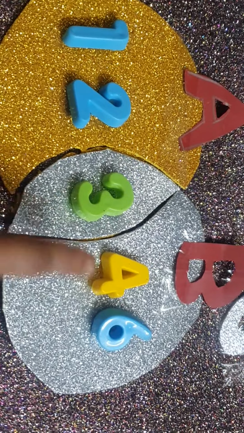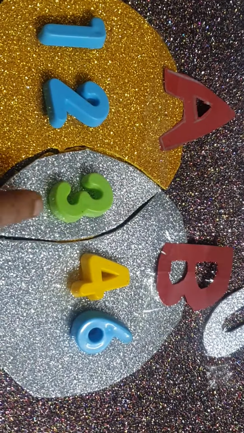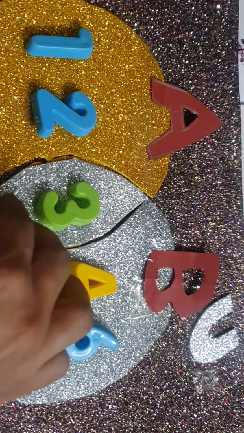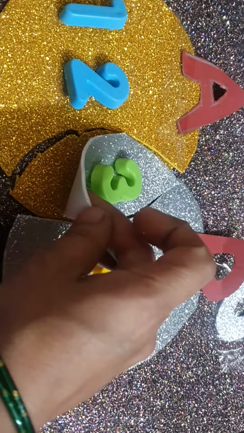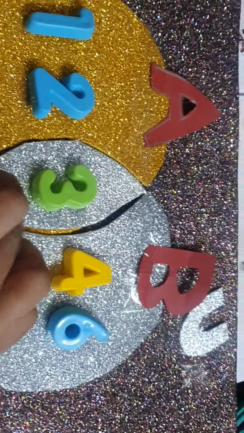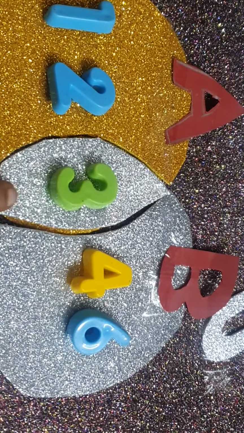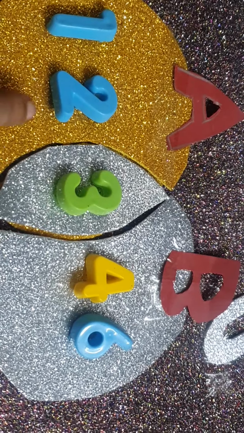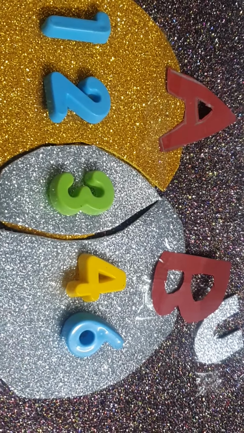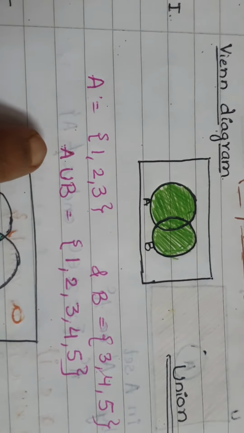First part, second part and third part. This 3 is common in between these two sets. There is an overlapping, as you can see. There is an overlapping between two sets. So to avoid this overlapping, we will write this element only one time and write the remaining elements as it is. Is it clear?